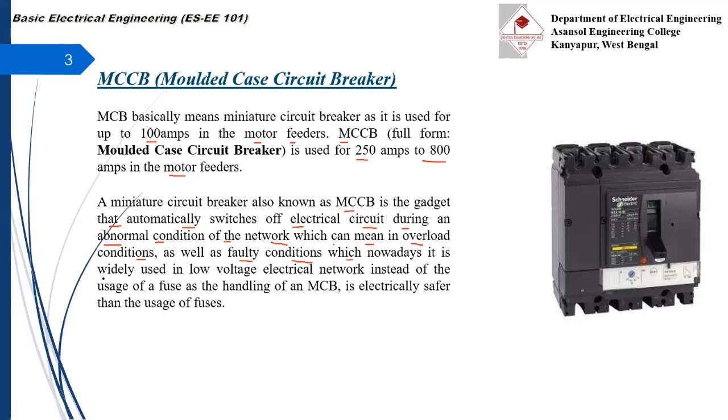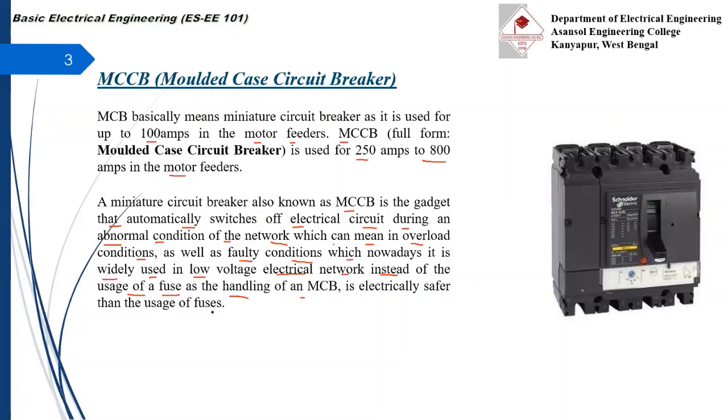Nowadays it is widely used in low voltage electrical networks instead of a fuse, as handling an MCB is electrically safer than using fuses, because fuses cannot give safety against overload or low voltage situations, because in fuses, between the two contacts only one electrical copper wire is connected.